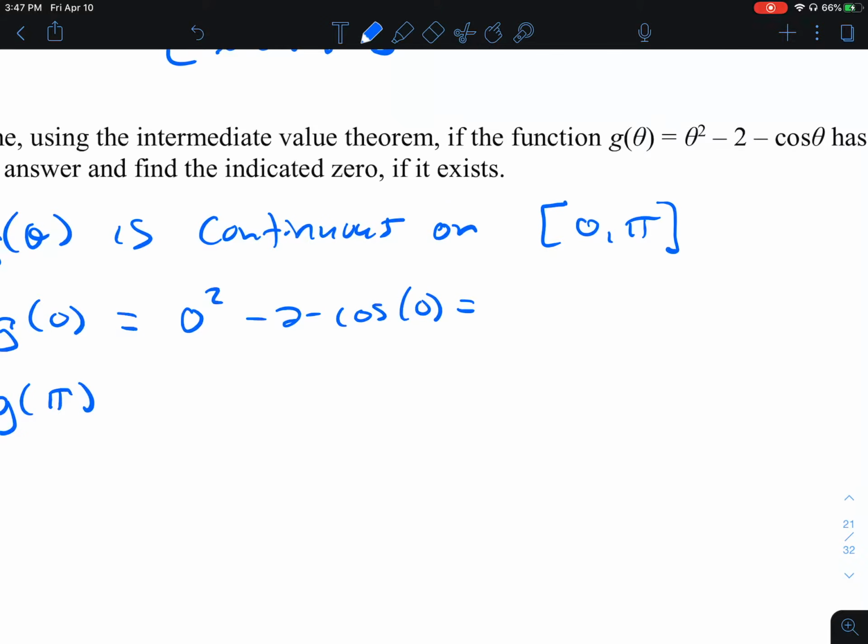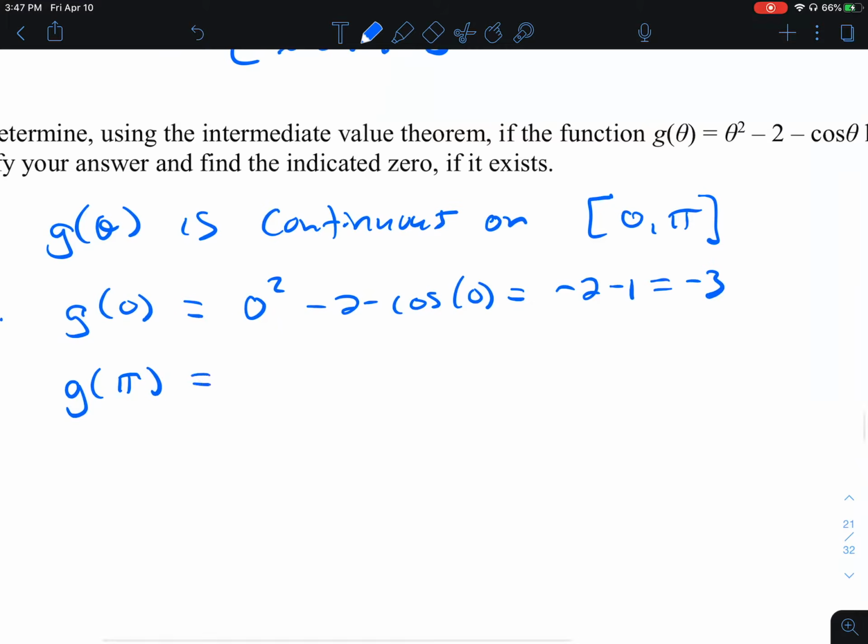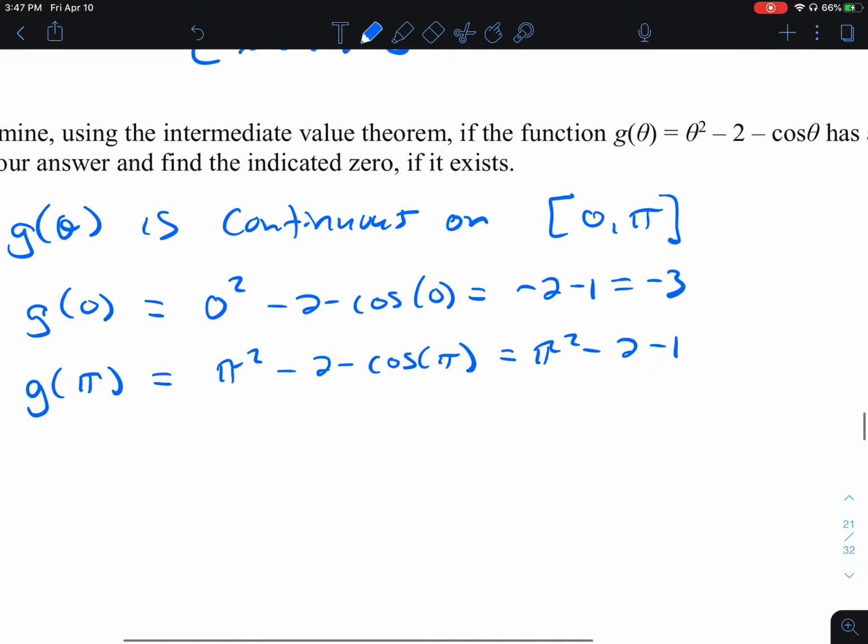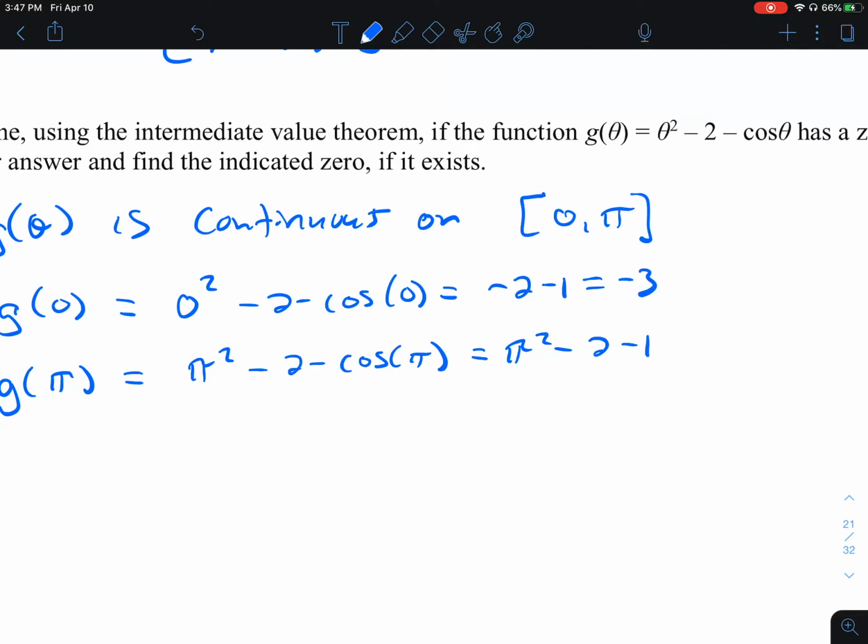Cosine of 0 is 1. So that's going to make this negative 2 minus 1, which is negative 3. If we put pi in for this, we're going to get pi squared minus 2 minus a negative 1, which would be like a plus 1.